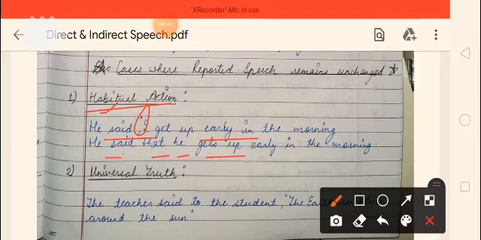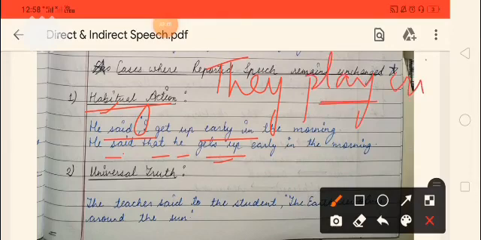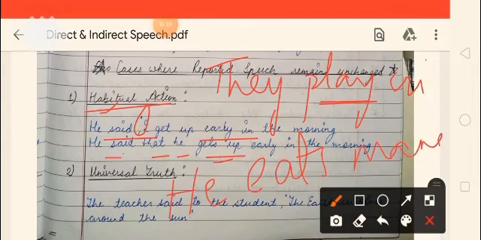Because, students, in case of simple present tense with a singular subject we use a plural verb, and with a plural subject we use a singular verb. For example, if we have a plural subject, suppose they, then with it we use a singular verb, suppose they play cricket. If we have a singular subject, suppose he, then with it we use a plural verb, that is, he eats mango, for example. This is in the case of simple present only. So if we have a singular subject then a plural verb is used, if we have a plural subject then a singular verb is used.